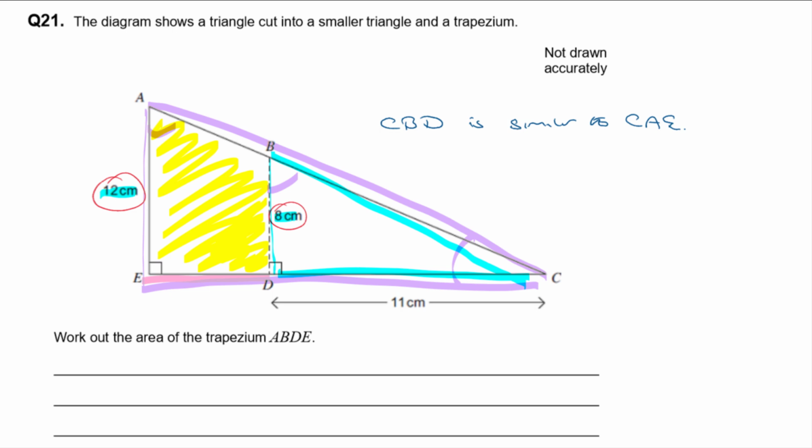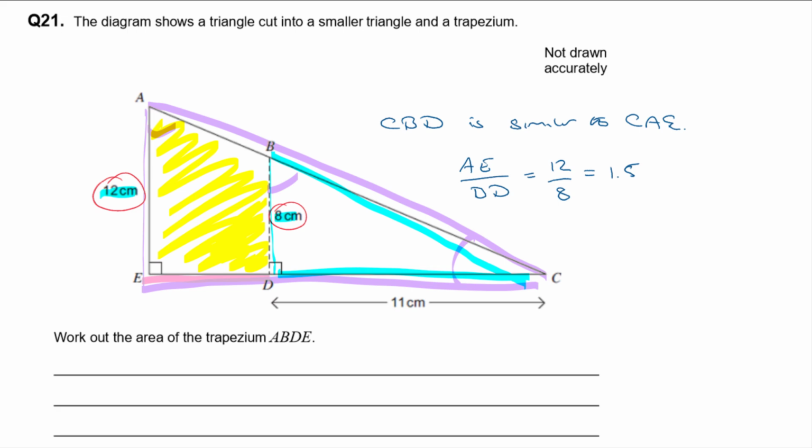So, and then if we have a look at the relationship between AE and BD. So if I take AE and divide it by BD, that's going to be 12 over 8, which is 1.5, isn't it? Okay, so the scale factor between the smaller triangle and the bigger one is 1.5.